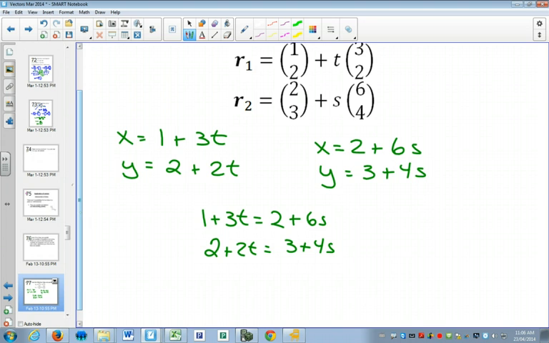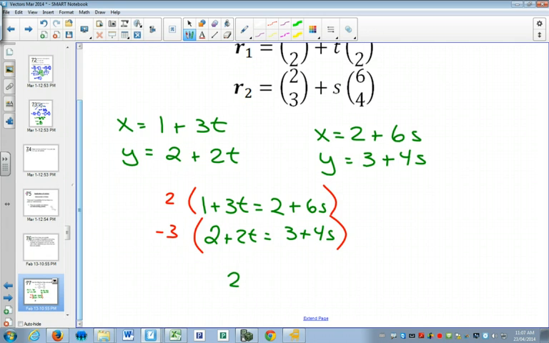What would you prefer? Elimination. Which variable do you want to eliminate? The t's or the s's? S. Can you see that if I would multiply this equation by 2 and this equation by -3, that my s's would have the same coefficient, but one would be positive and one would be negative?